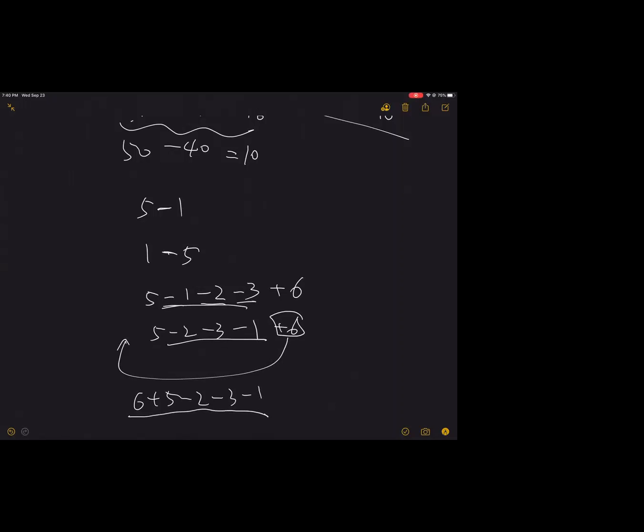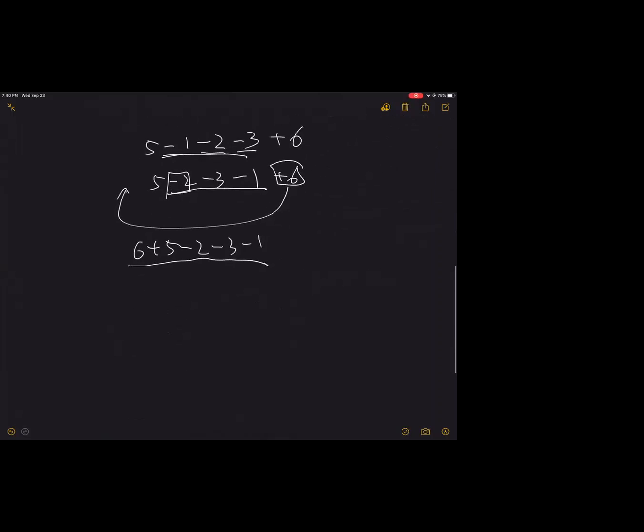But we cannot move, let's say, 5 minus 2 and change it to 2 minus 5 minus 3 minus 1 plus 6. This is not going to work. So this is called the commutative property. You can apply it to addition, but not subtraction.